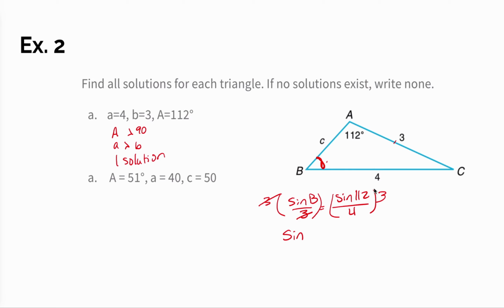So we get that sine B equals 3 sine 112 over 4. That's going to give us the sine of B, but we want B, so we need to use the inverse sine of 3 sine 112 over 4, and you can plug it into your calculator just like that, and that's going to give us about 44 degrees.